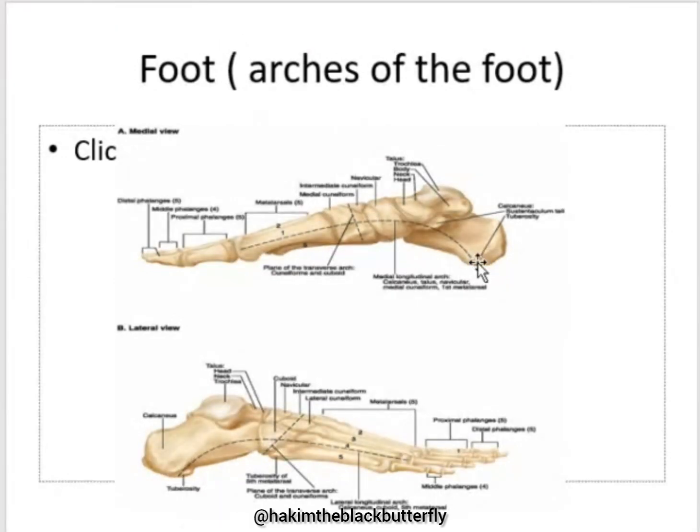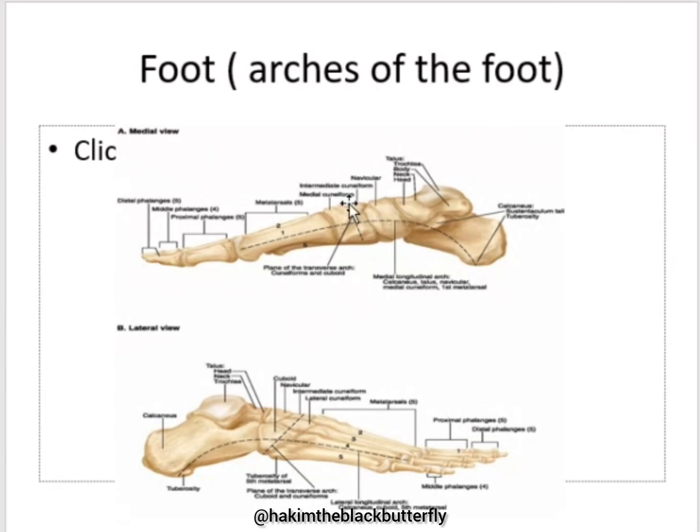So the medial longitudinal arch is made up of this bone known as the calcaneum. It is made up of this bone known as the talus. Then this bone known as the navicular.